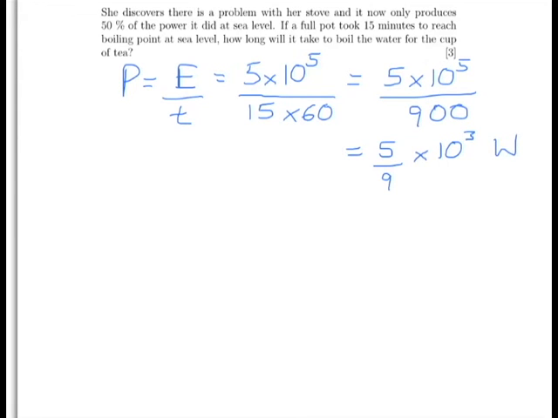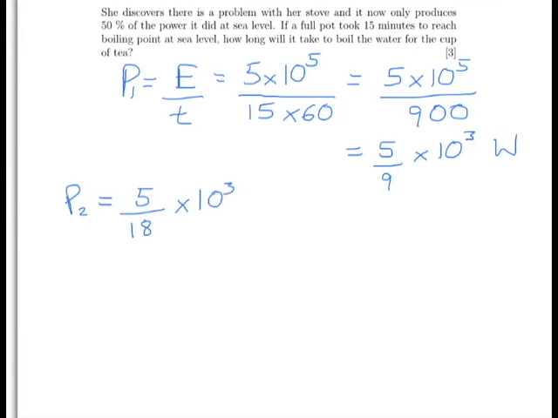That's the power at the start. Now, however, if you've got a problem, it doesn't work as well as it did. So the new power, power 2, is going to be half of that amount. So that's going to be 5 divided by 18 times 10 to the power of 3 watts.